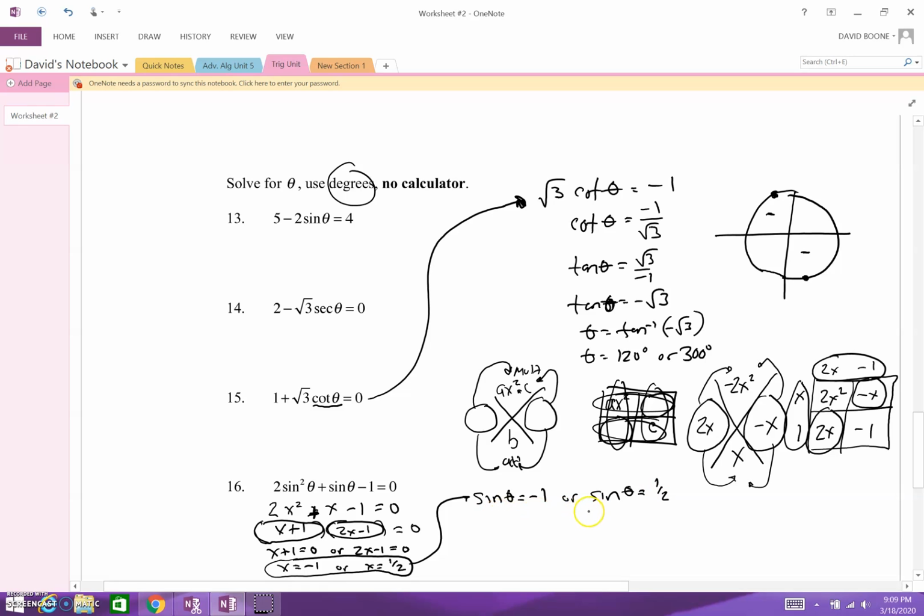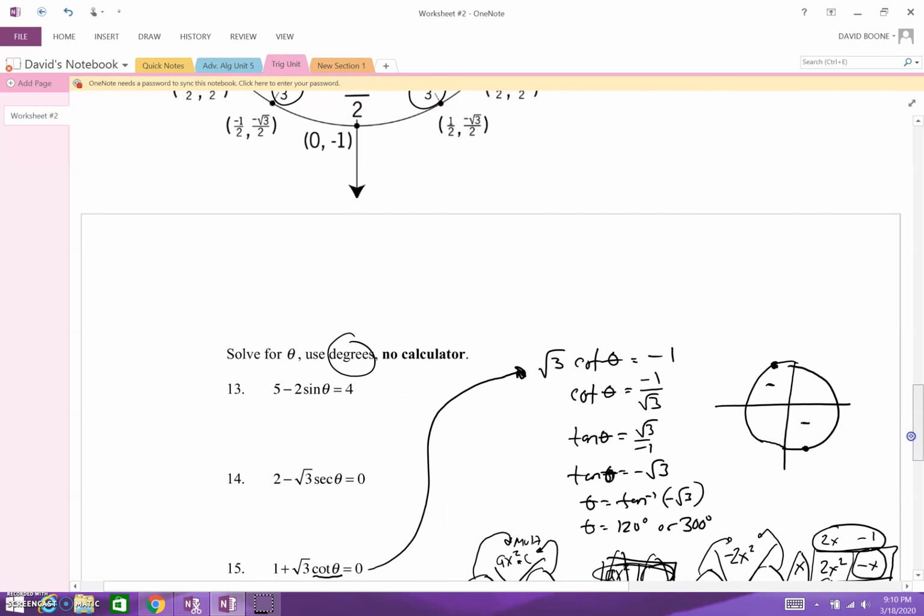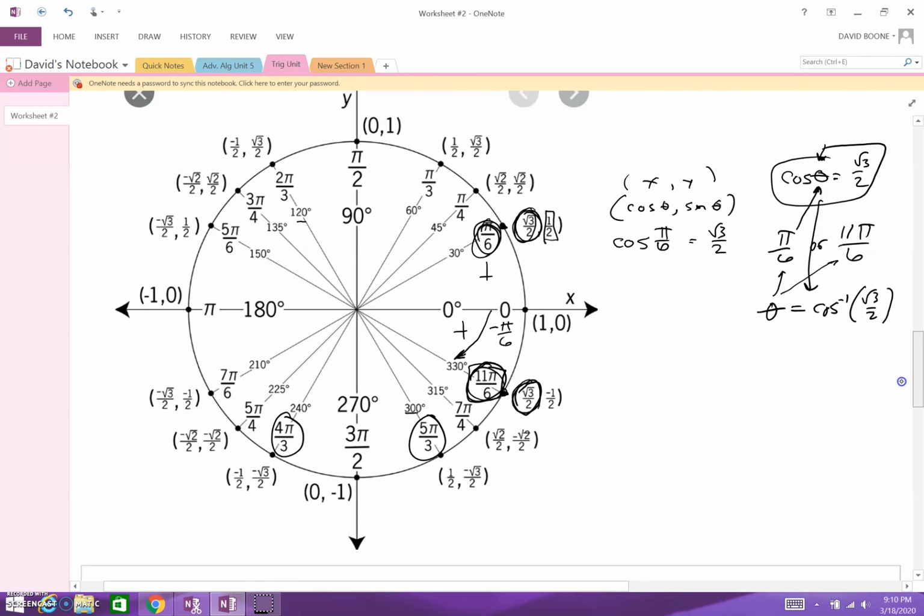So when I'm looking at these problems, I'm asking, where is theta equals the inverse sine of negative 1? In other words, where is sine negative 1? In other words, where is the y value negative 1?